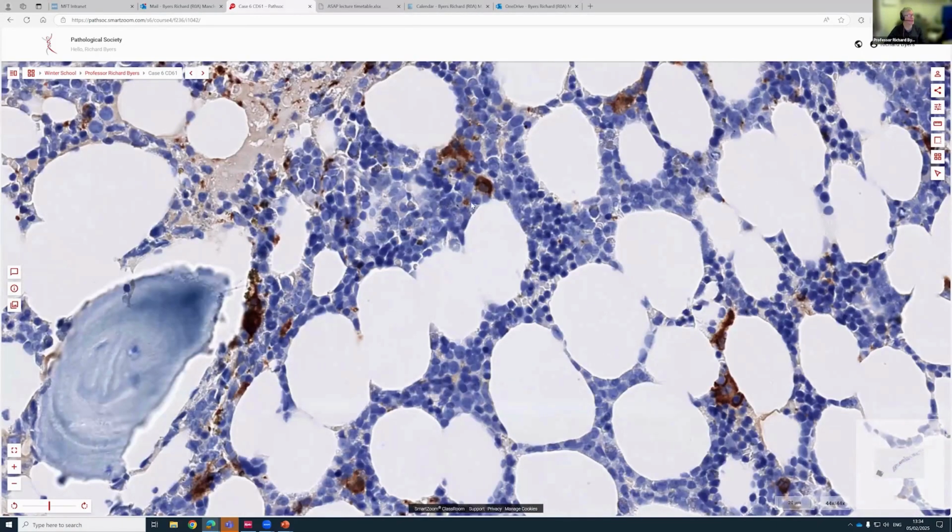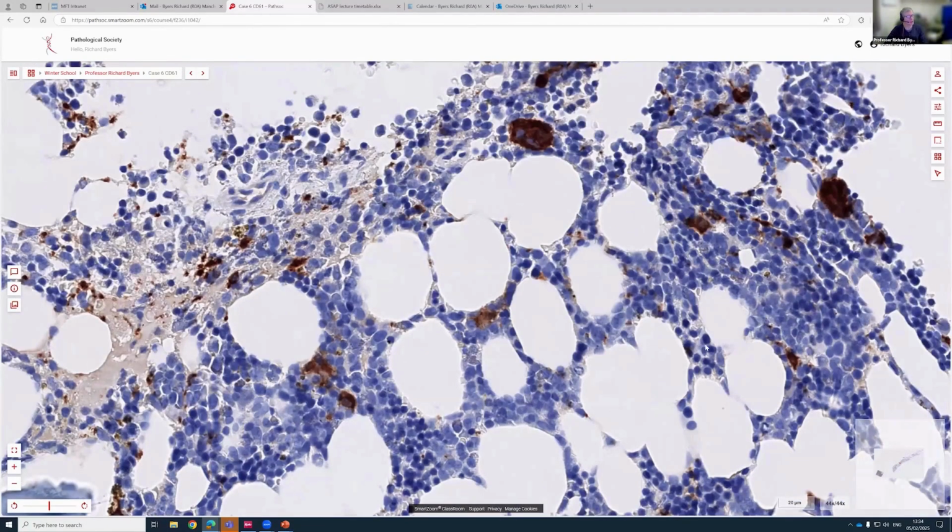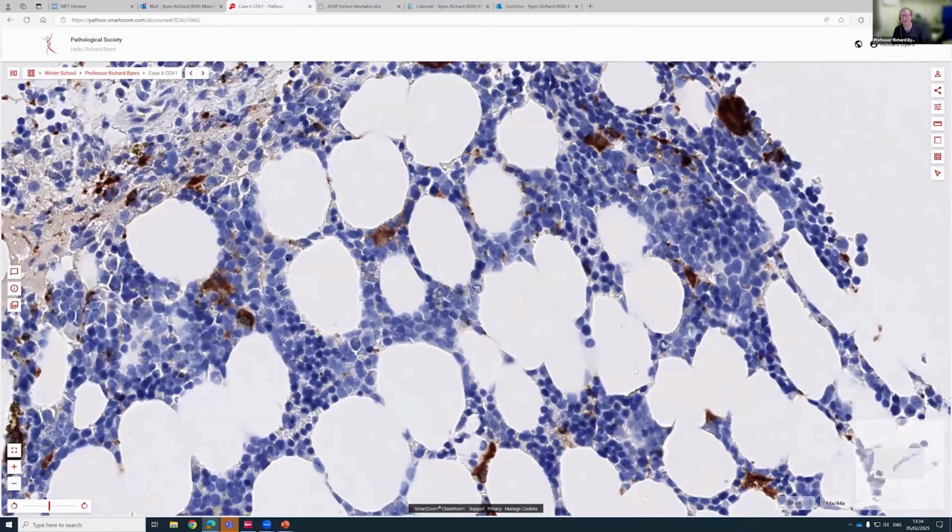So if you've got micromegakaryocytes, it's a strong indicator of a probable myelodysplasia. Myelodysplasia is a diagnosis made on the combination of clinical and morphological features. If you've got a hypercellular marrow and a peripheral pancytopenia, then you're home and dry. If it's not as cellular, as in this case, then you're looking for more subtle features like micromegakaryocytes, which are best seen with the CD61.